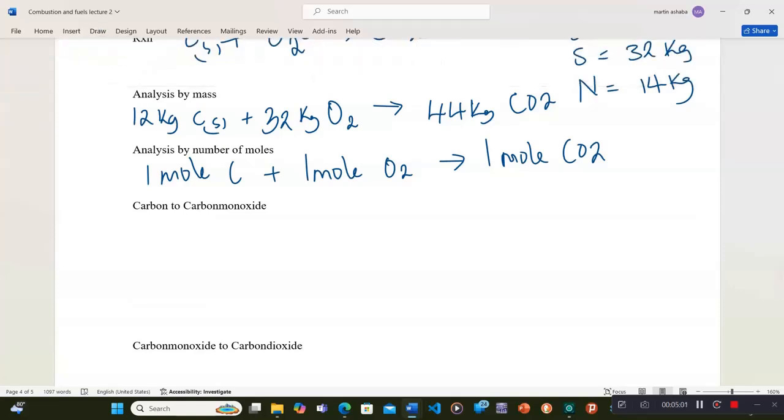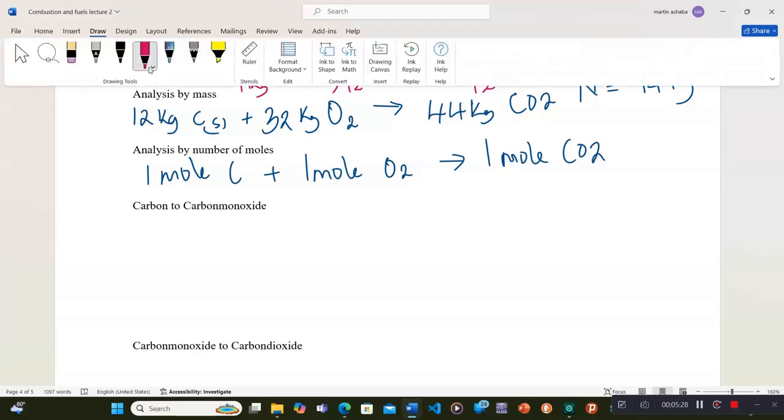Maybe you would have 1 kilogram of carbon plus 32 out of 12 kilograms of oxygen, giving you 44 out of 12 kilograms of carbon dioxide. So that is it.